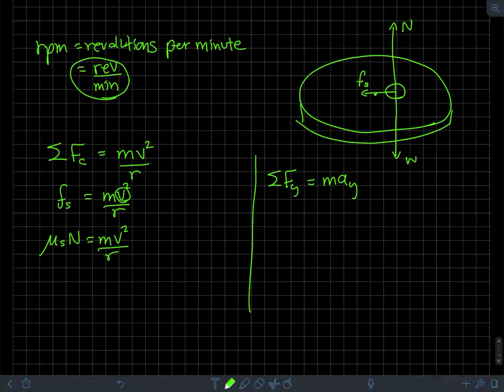And because we have constant velocity of 0, in fact, in the vertical direction, this acceleration is going to be 0. So we have the normal force up, we have the weight down, okay? And that means that the normal force in this case is equal to the weight, and that can be substituted as mg.